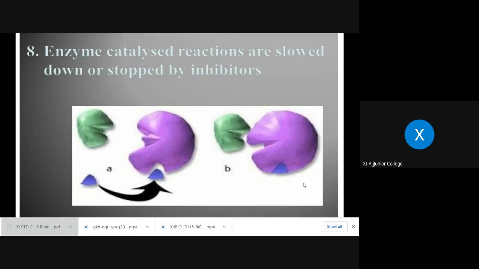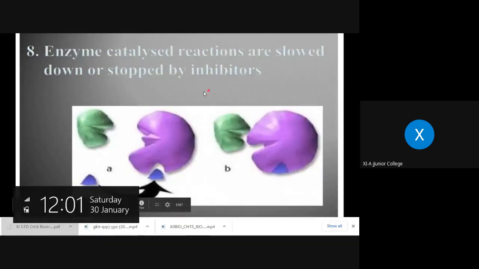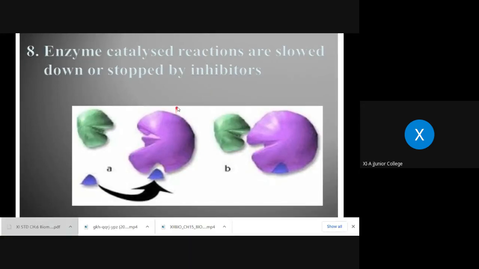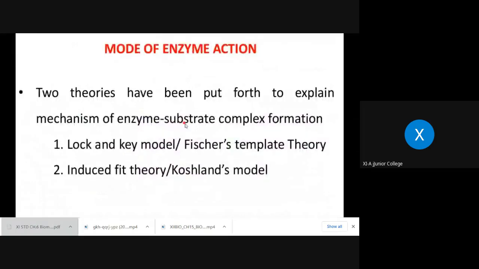So these are considered to be inhibitors. Such inhibitors are responsible for slowing down the reaction they catalyze, or they can stop it. That means they can stop the reaction also. Now, we will see how the mode of enzyme action works.